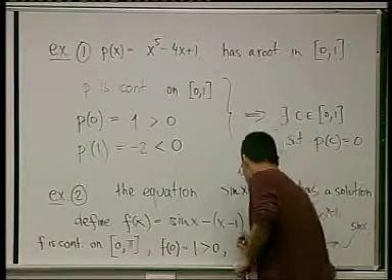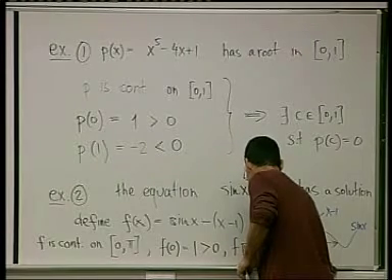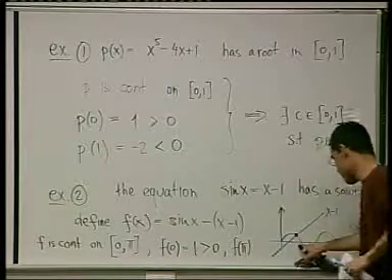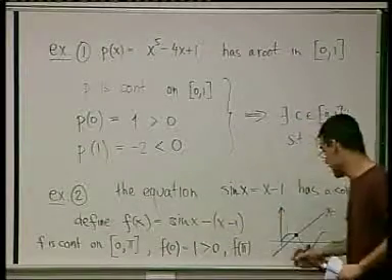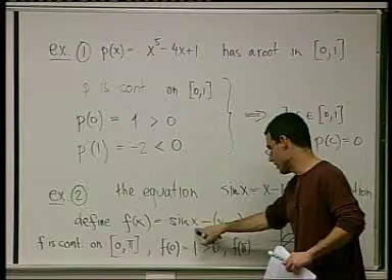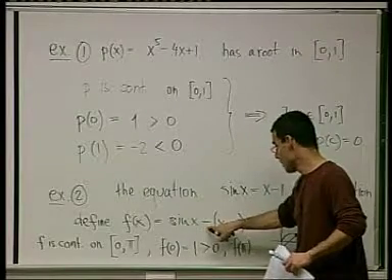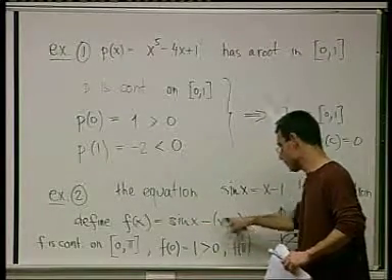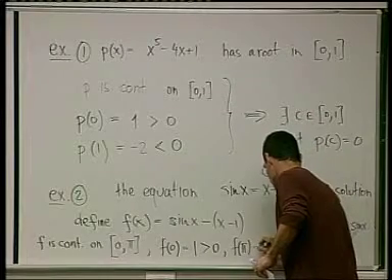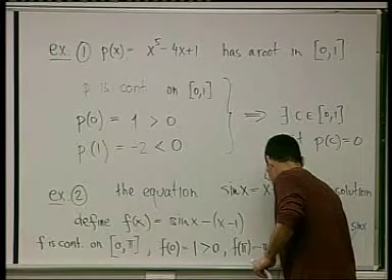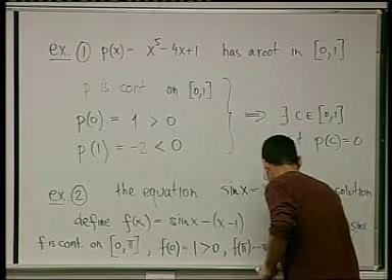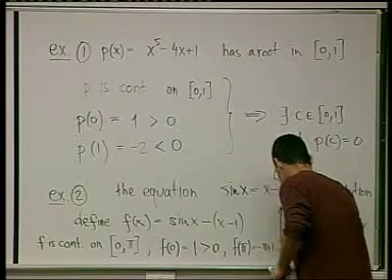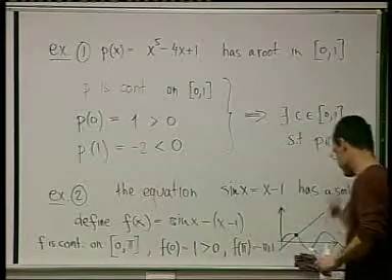And f at pi, I can see that sine is smaller. Then subtracting something bigger is going to make it negative. What's f at pi? Sine of pi, 0. Minus pi plus 1. Okay, so I'm sorry that this is a bit small here.